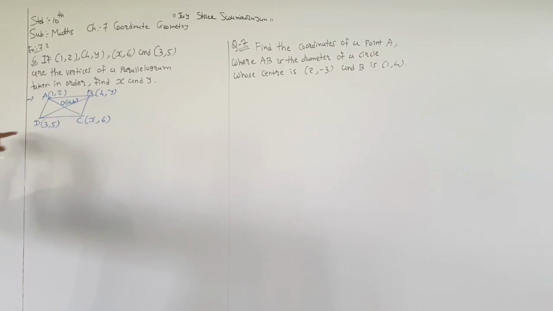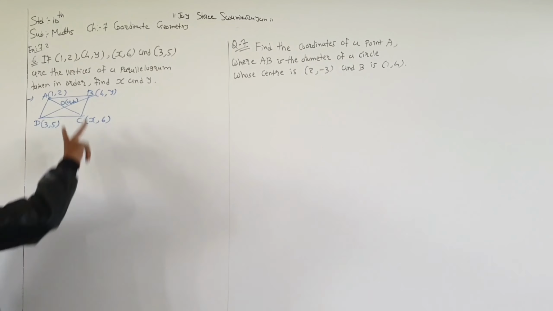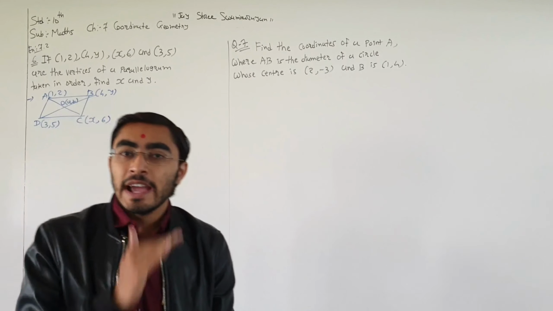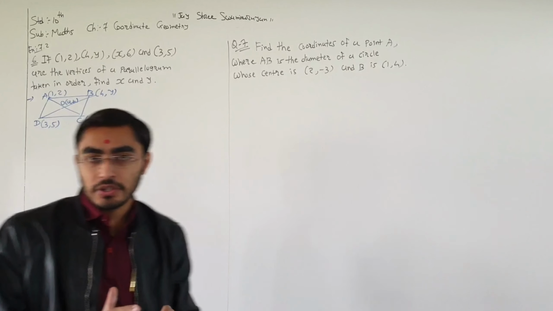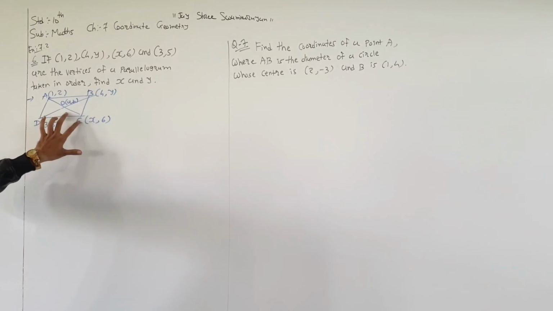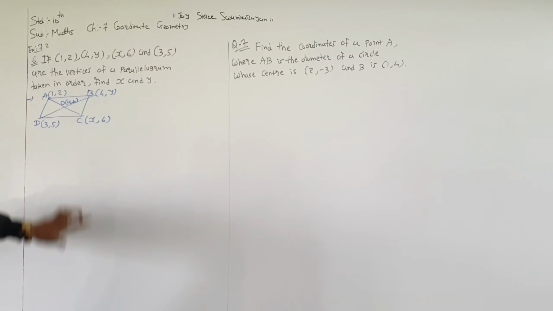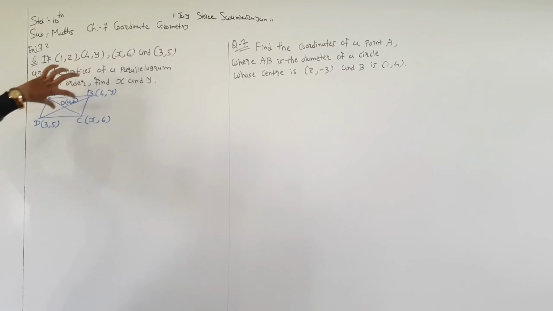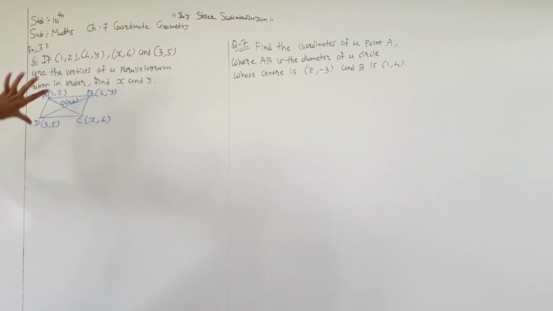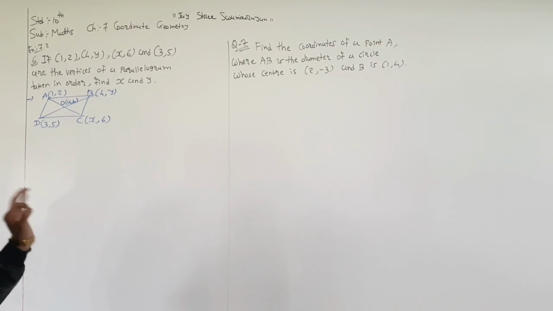Same thing for diagonal BD. O is the midpoint of BD because OB is equal to OD. That is the property of parallelogram: diagonals bisect each other. So AC is divided into two equal parts, AO equals CO, so O is the midpoint of AC. Then BO equals OD, so O is also the midpoint of BD. That property we need to use.